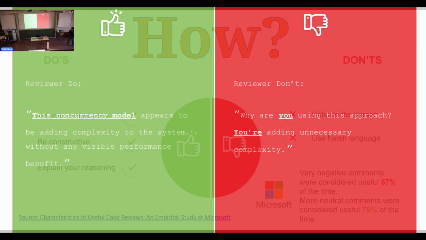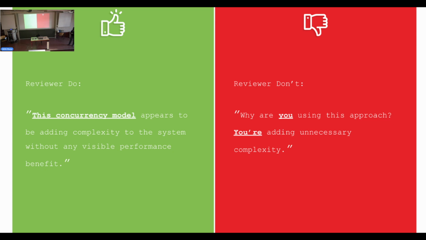Let's have an example of how we can use all those rules to write a really useful and respectful review. So here's the reviewer saying, why are you using this approach? You are adding unnecessary complexity. And instead of writing it in this way, it should be written differently. The other comment: this concurrency model appears to be adding complexity to the system without any visible performance benefit.